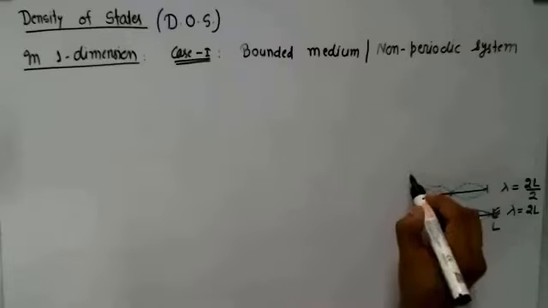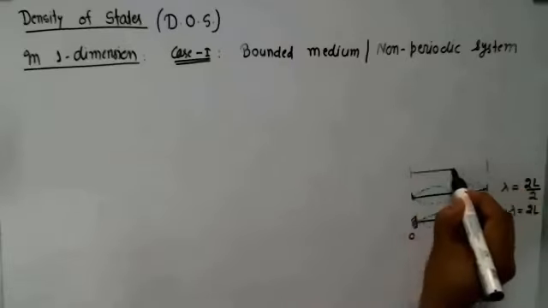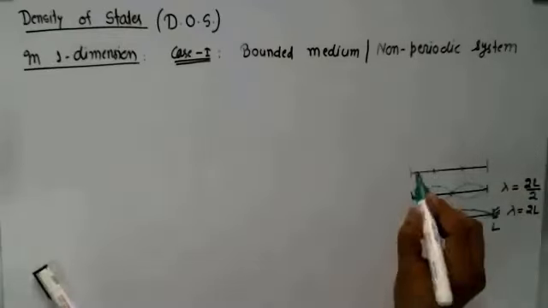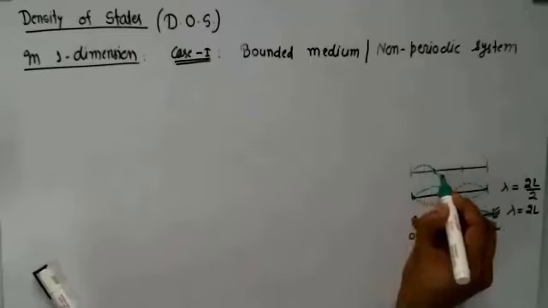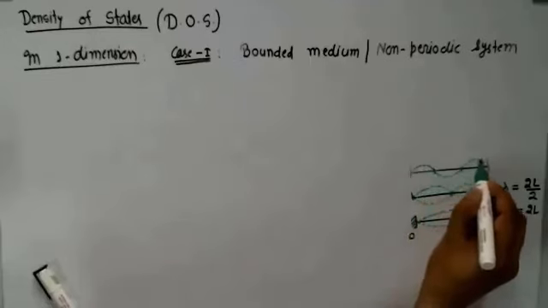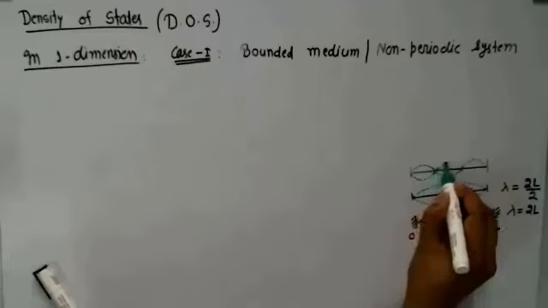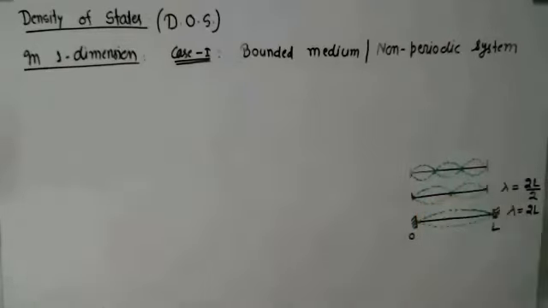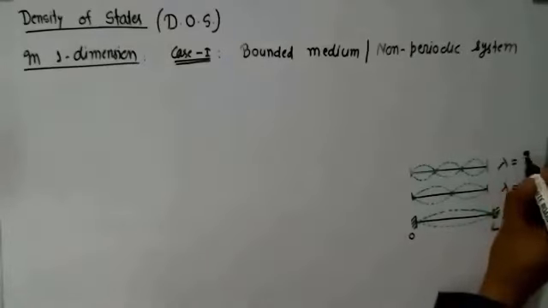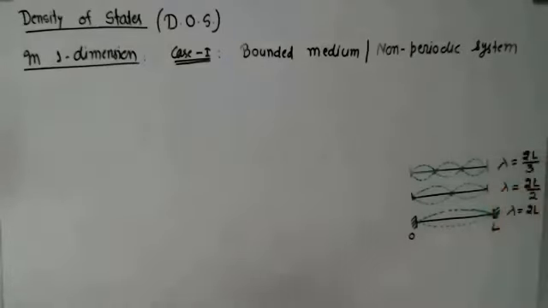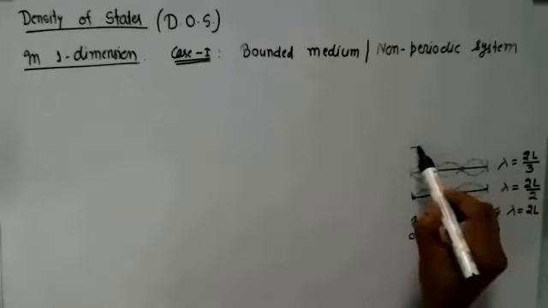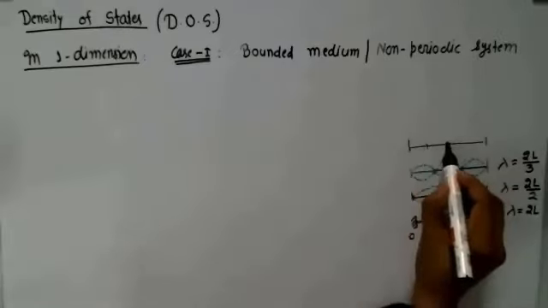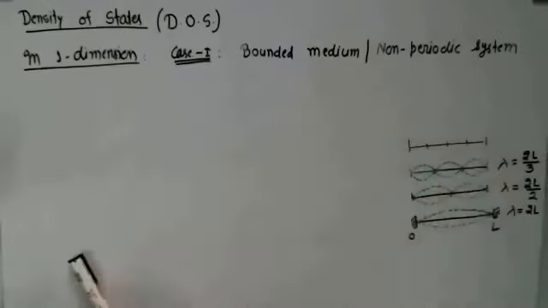The third mode we can also define. In the third mode this rope can oscillate this way, and here lambda becomes 2L by 3. Maybe I can define one more mode. Let's call it the fourth mode.